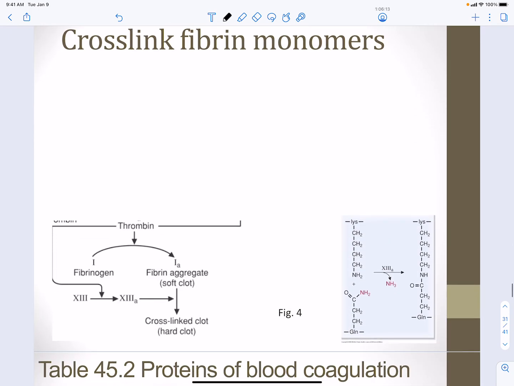The next thing that has to happen is cross-linking of your monomers. They are going to cross-link and form a hard clot. And you have factor 13A. This factor 13A is not a serine protease.